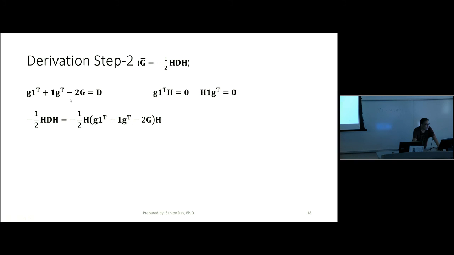We just saw that this square distance matrix is equal to this. I plug in this value here. I open the brackets. So negative half H G1 transpose H, negative half H 1G transpose H, and then negative half here and negative 2 here, so plus HGH.